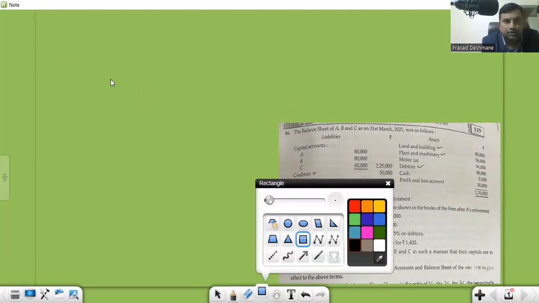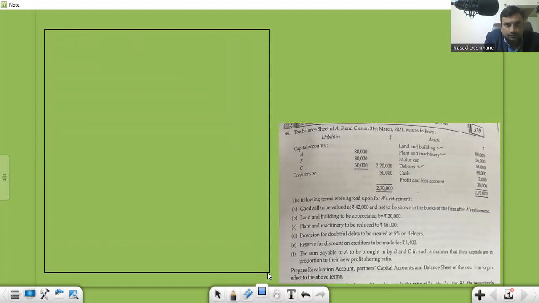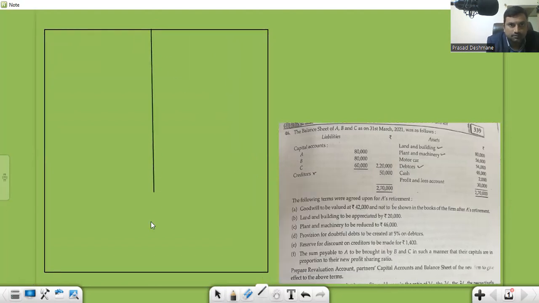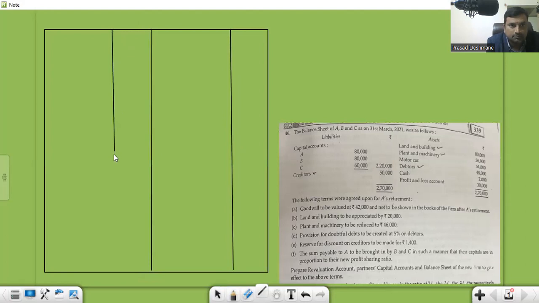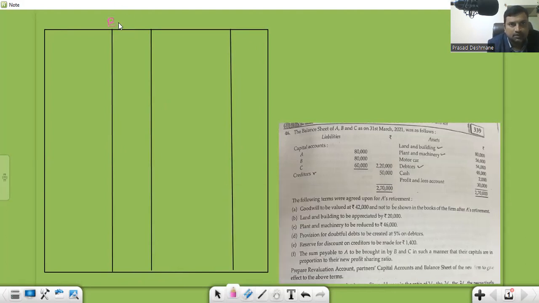So first here I'll make the balance sheet. This is the balance sheet.